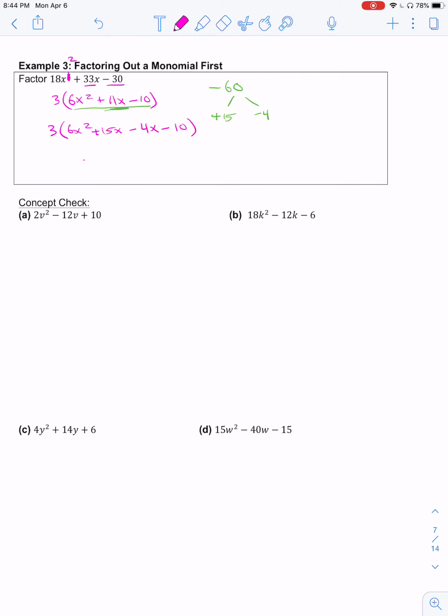Again, if we just go ahead and factor the two common factors out of this, we're going to have 3 times 3x times 2x plus 5, and you guessed it, minus 4 times, sorry, not 4, that doesn't go into both of them, minus 2 times 2x plus 5.